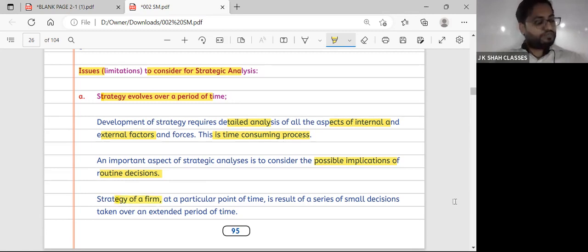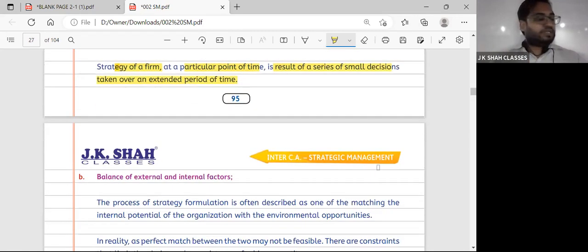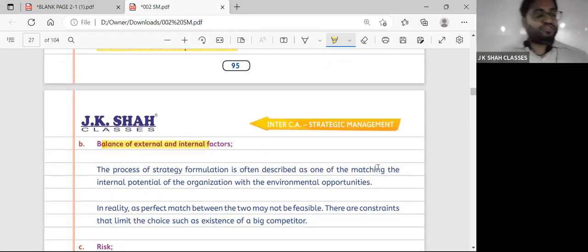Strategy of a firm at a particular point of time is a result of small decisions taken over an extended period of time. Balance of external and internal factors: you need to match what? Internal potential means strengths.